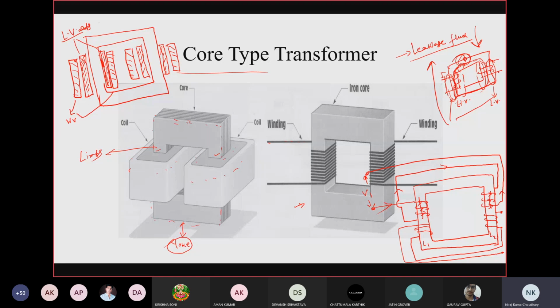So here we have seen that this part of the flux and the outer one for this secondary terminal winding, these two are basically your leakage flux, right?